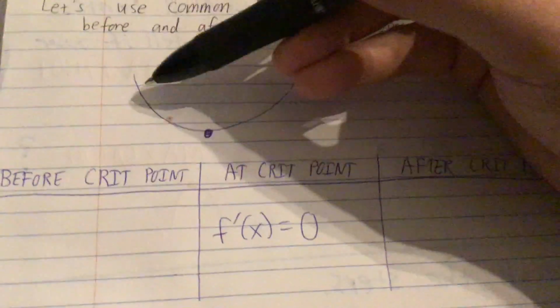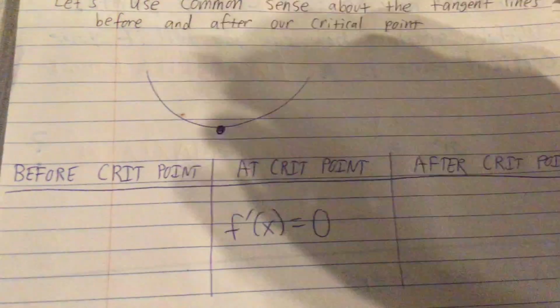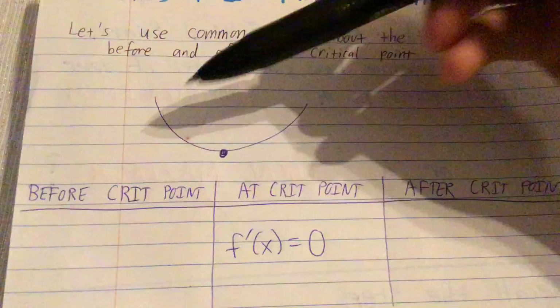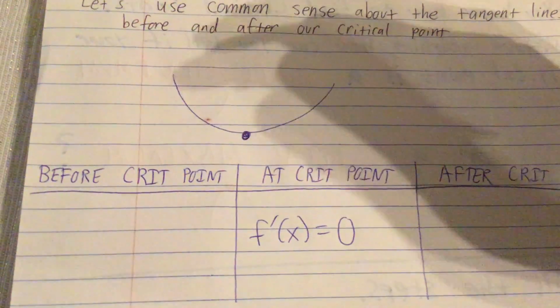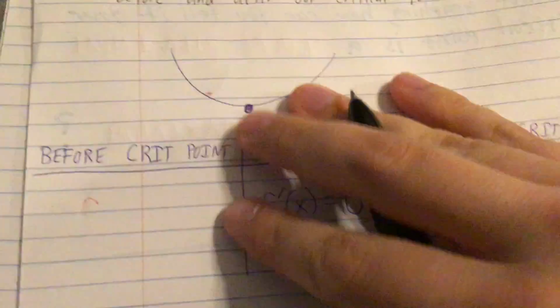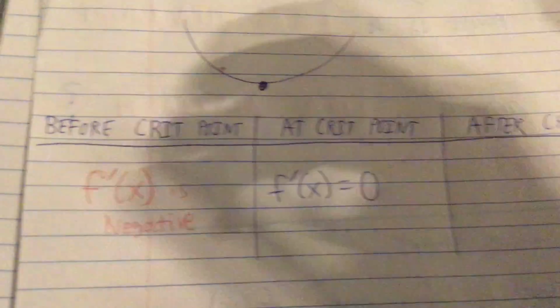But before the critical point, if I were to draw a tangent line, how would you describe this slope? Positive or negative? f prime of x is negative. Okay?